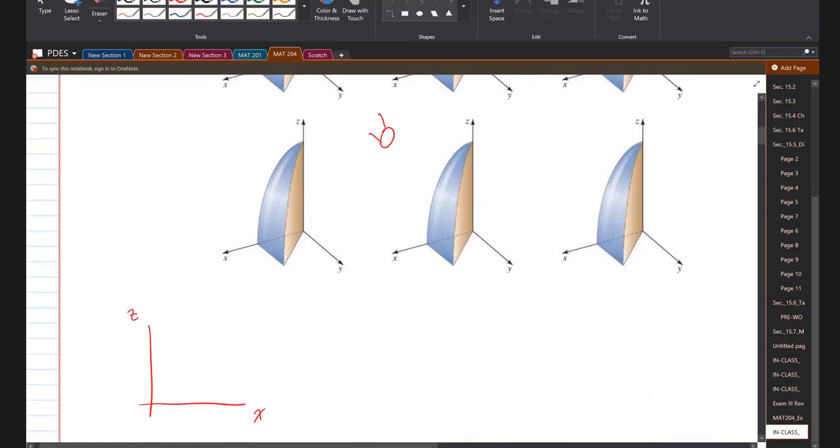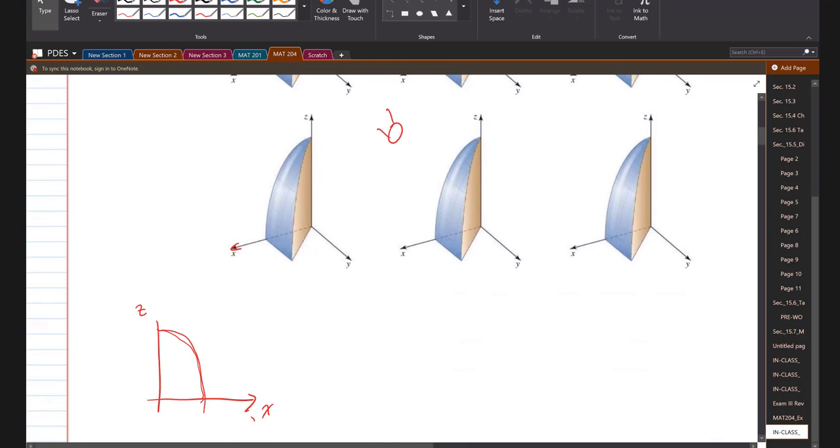So if we were to project that onto the xz plane, now be careful here. You kind of have to manipulate this image to rotate us into the positive. This is the positive x-axis, whereas this is the positive x-axis here. But we'd have this shape right here, and let's go ahead and put some coordinates on here.